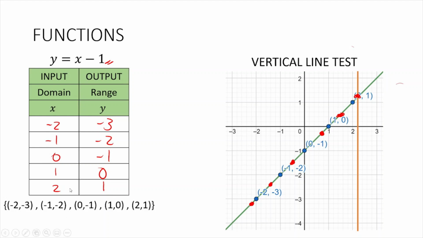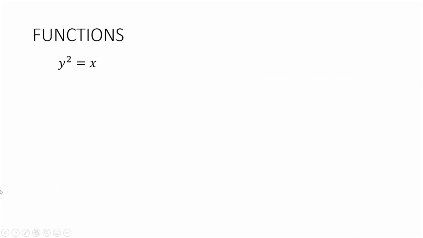Let's take a look at another example. So we have here y squared equals x. All right. Now, remember that x is the input and y is the output. Therefore, x is the independent variable and y is the dependent variable.